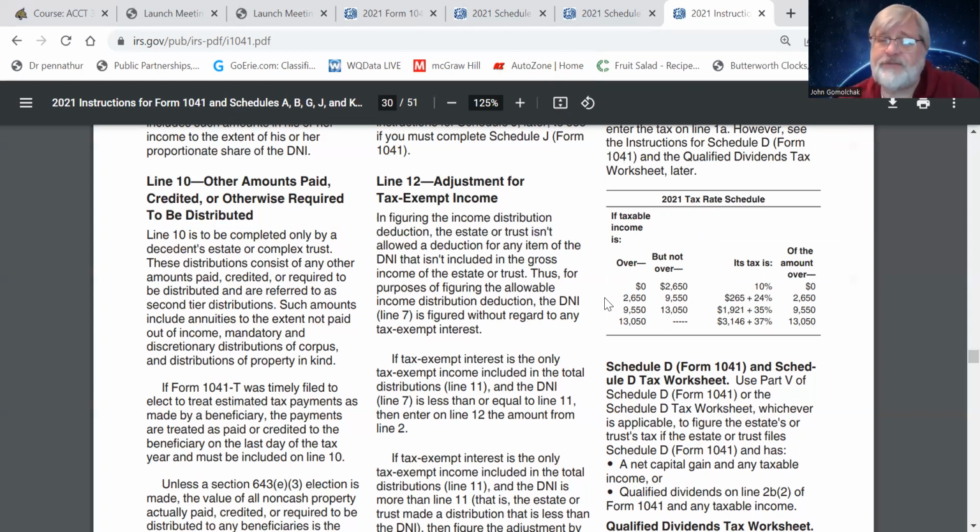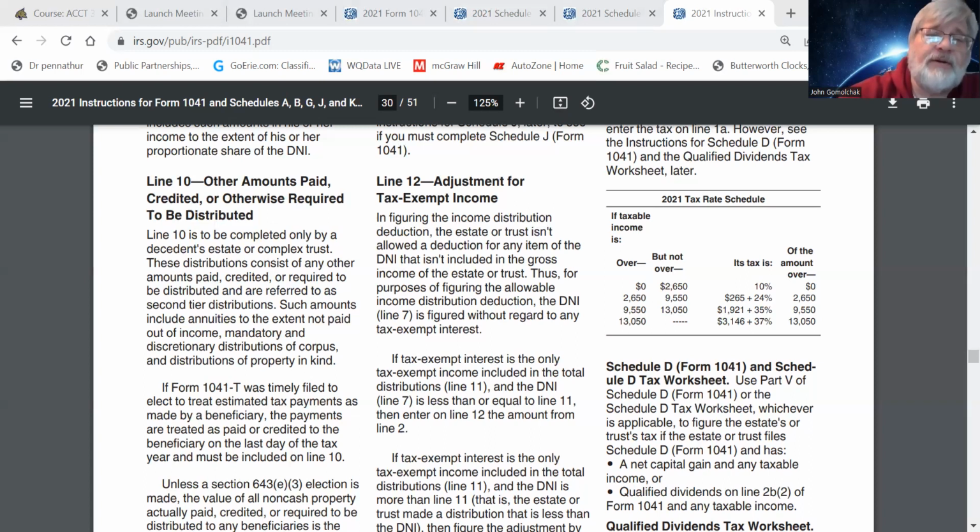So $2,050 times 24%. 2,050 times 0.24 equals 492.